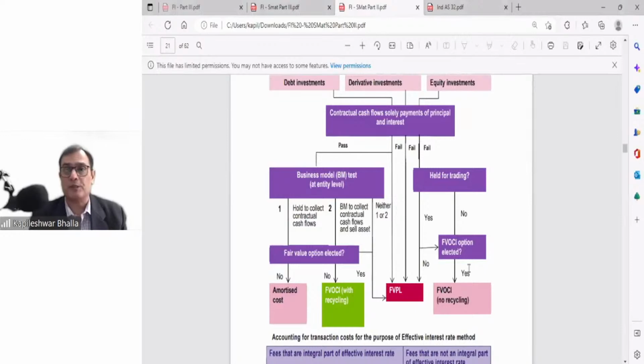This is the chart which I showed you, and I said I am going to create a 3-step model based on this. So let me now give you my 3-step model. This is the chart applicable for subsequent measurement of financial assets. We're going to classify the financial assets into various categories, AC, P&L, OCI, depending upon a 3-step model.